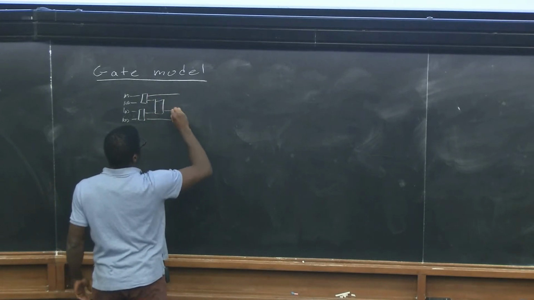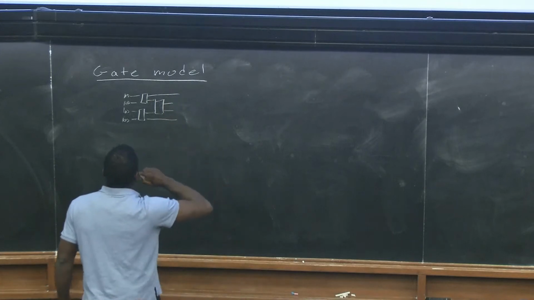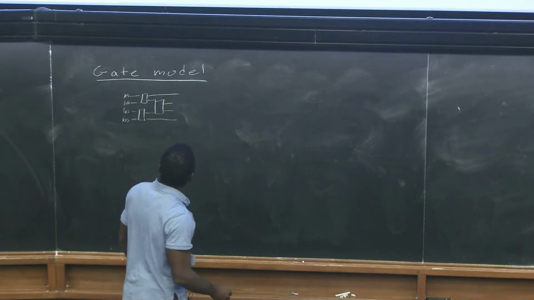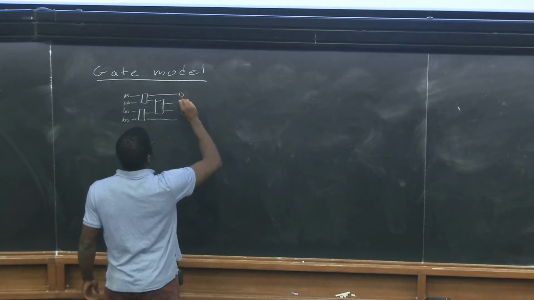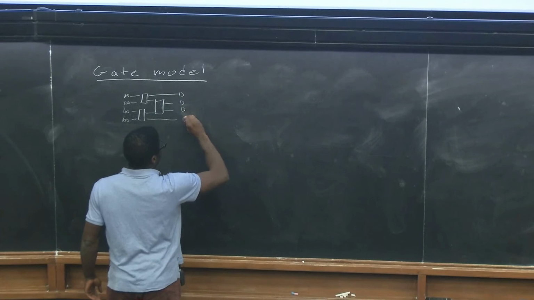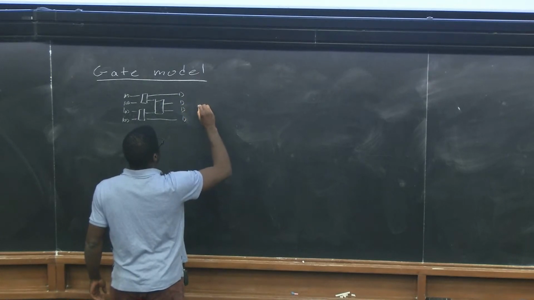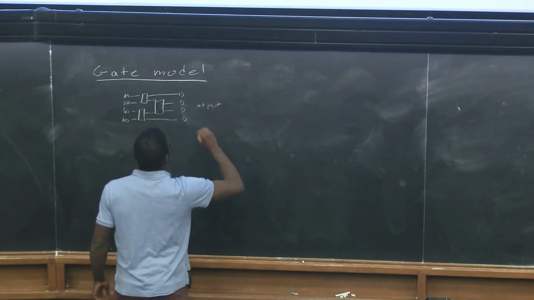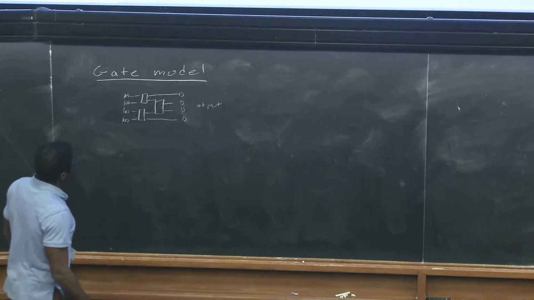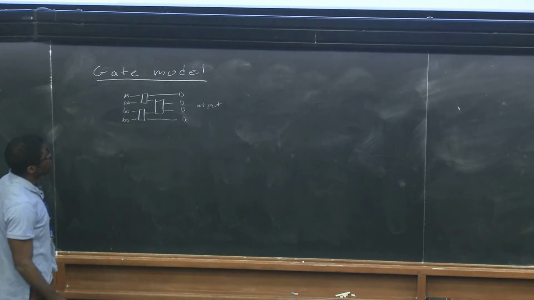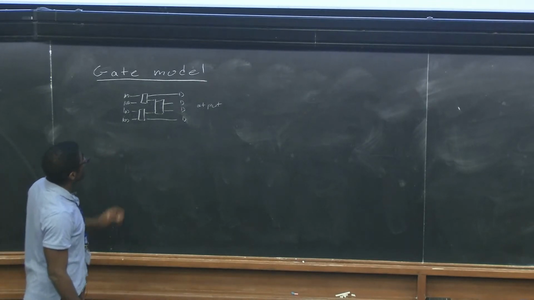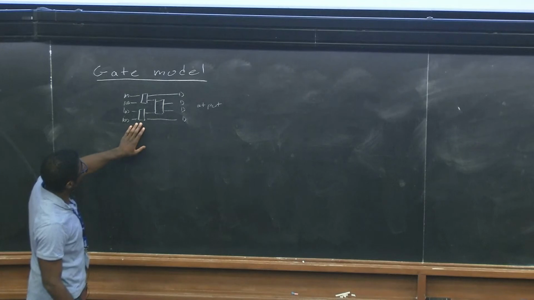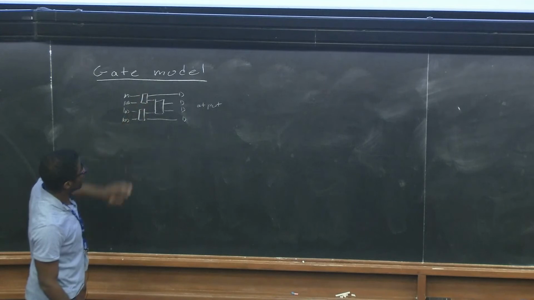I'm going to go pretty fast on this because you've already seen it. The final result is measured, and you get an output. So this would be a digital quantum computation model, because you're applying these digital gates.